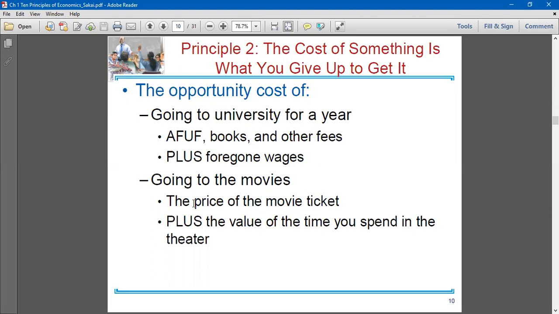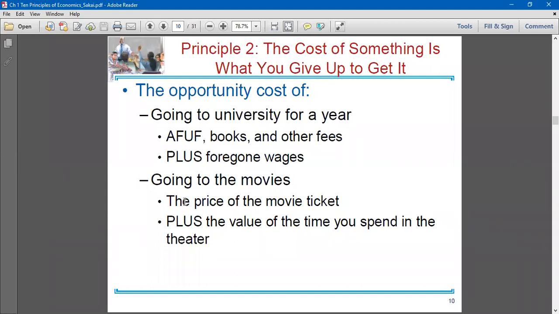If you take going to the movies, you have to incur the price of the movie in terms of money. That is one cost. And then you need to check the opportunity cost. Here you are sacrificing your time, which you could have used for a different thing, and you are spending it in the theater.